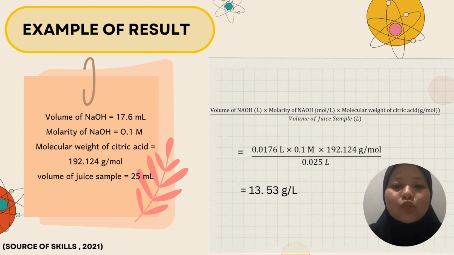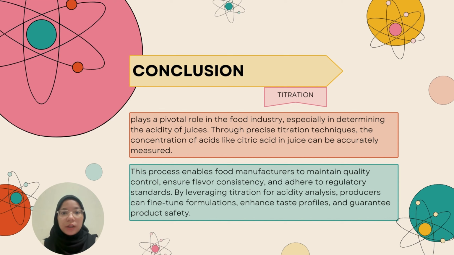Lastly, the sample juice volume is 25 ml, which also needs to be converted to liters at 0.025 liter. The last answer, which is the acidity itself, was 30.53 gram per liter.